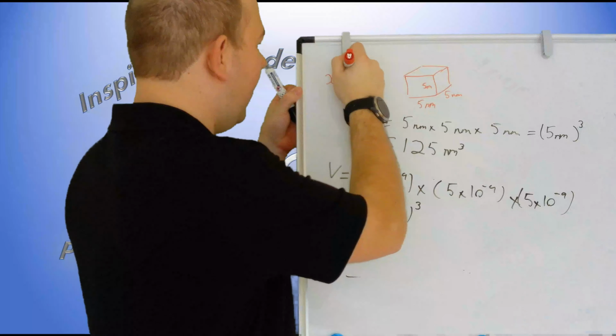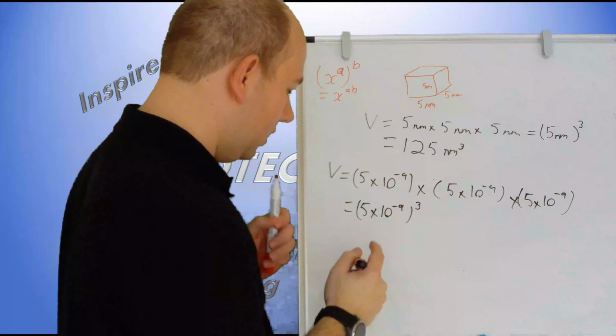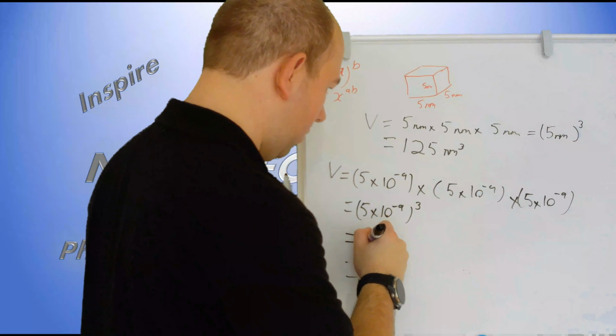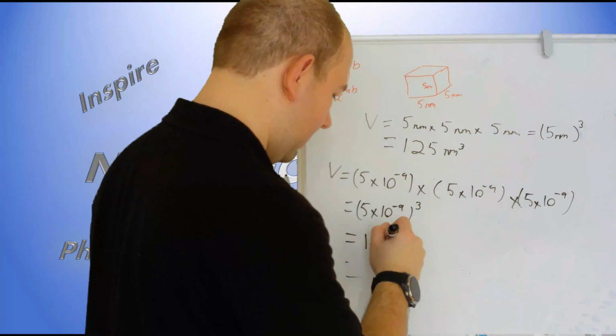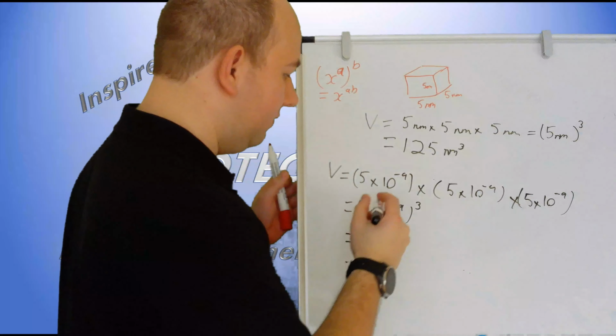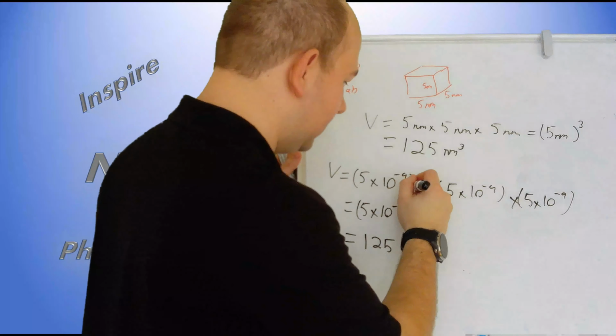So we are doing 5 to the power 3, which is equal to 125. We probably should just put the meters in here just to say that all this is in the units of meters. So we got 125.